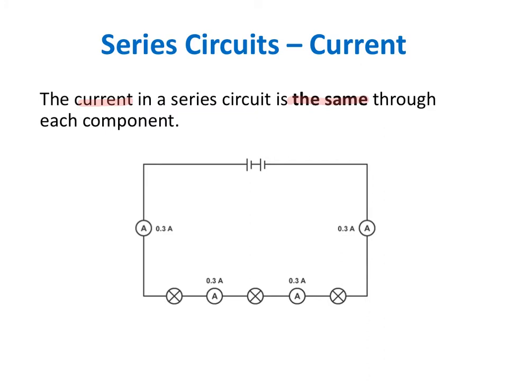It doesn't matter where you put the ammeter, you will always measure the same current if it's a series circuit. We have examples here where we put the ammeter before the bulbs, in between, and afterwards, and it doesn't matter where we put them, we will get the same reading each time, which in this particular example is 0.3 amps. So in a series circuit the current is the same through every component, and it would be the same value wherever you measured it in the series circuit.